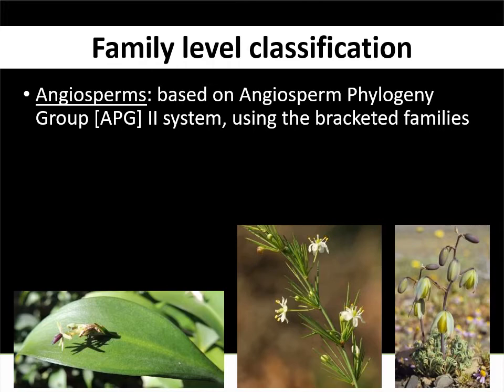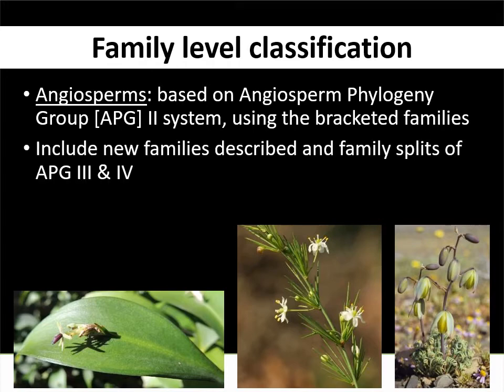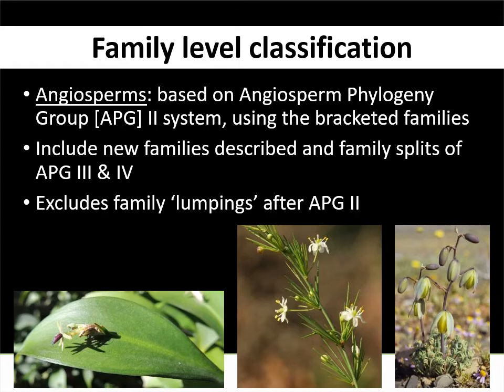However, in APG 3 and 4, most of these bracketed families were synonymized, but we prefer to still recognize them. New families that were described after APG2 are included, as well as any additional families that were recognized in APG 3 and 4.